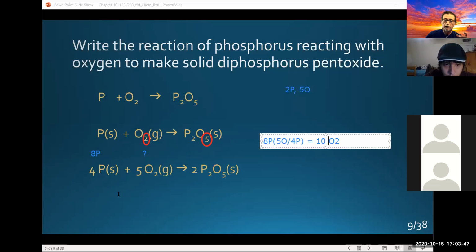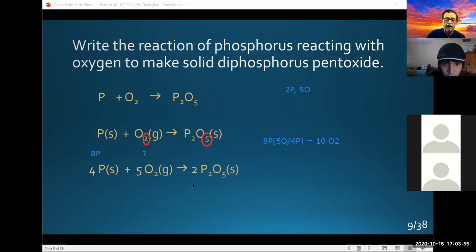Still the same. Okay. Now let me ask you this, since we're on it: what if I need to make 100 P2O5? The question is, how much phosphorus do I need to start off with?